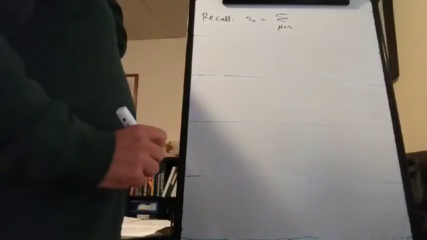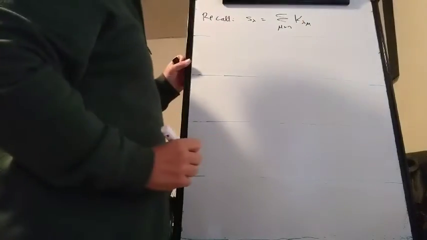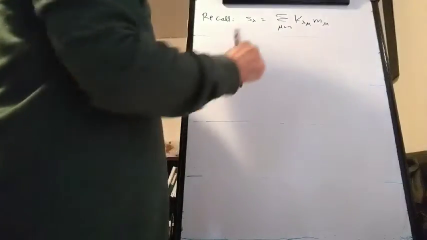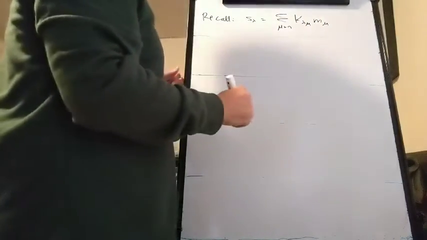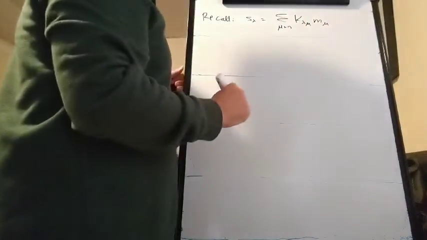So recall that the Schur function S lambda is a sum of numbers we called K lambda mu times m mu. So if we want to express these in terms of the monomial symmetric functions, these coefficients are called Kostka numbers.